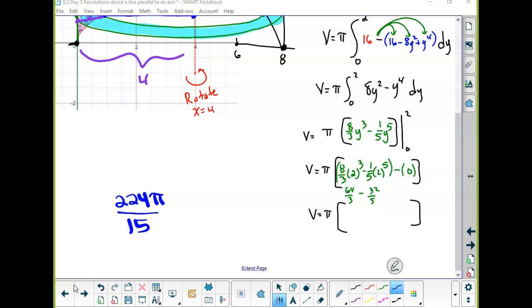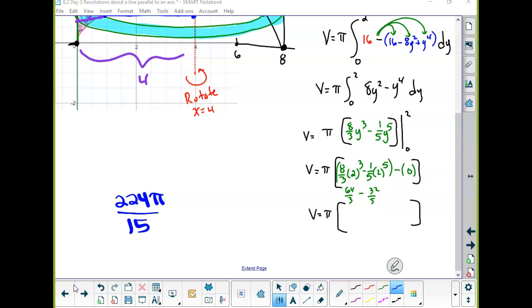And then I plug in 2. And technically I don't have to write, if I plug in 0, it's going to be 0 anyways. So I didn't write that all out. And then 2 cubed is 8. 8 times 8 is 64 divided by 3. 2 to the 5th power is 32 times 1 divided by 5.